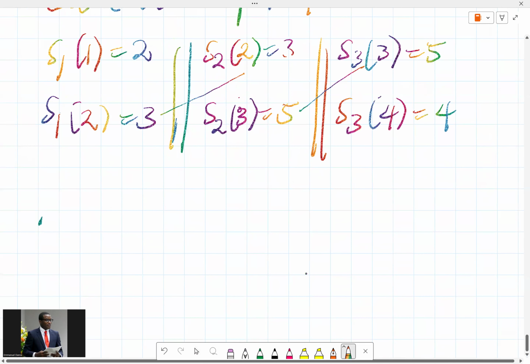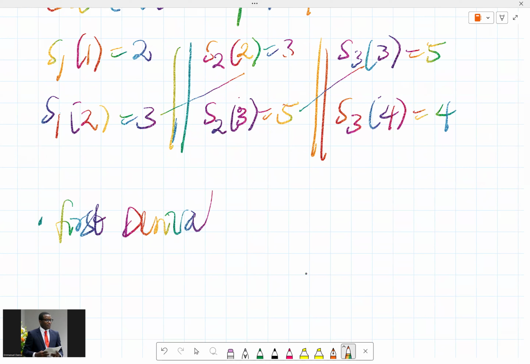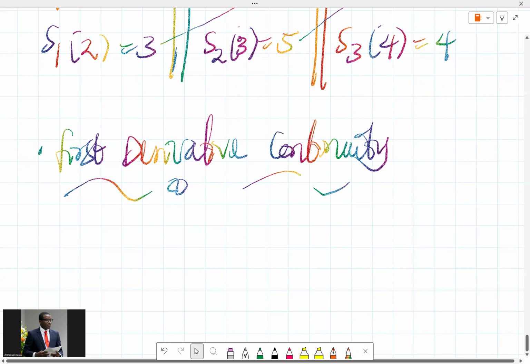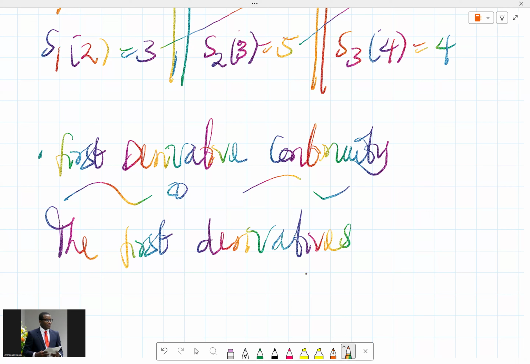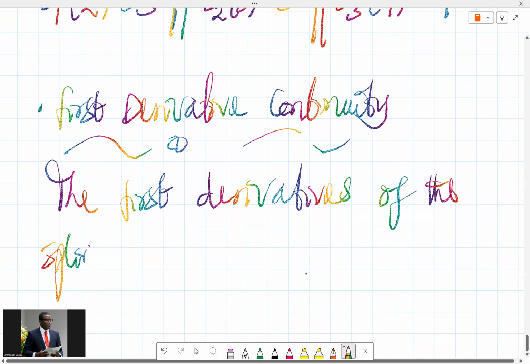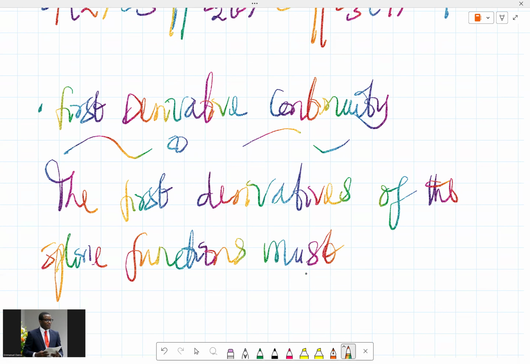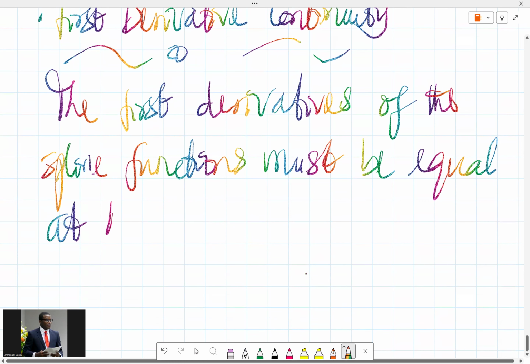So we have another type of continuity, which is about the first derivative. We have the first derivative continuity. So for first derivative continuity, what we need here is that the first derivatives of the spline functions must be equal at the knots.